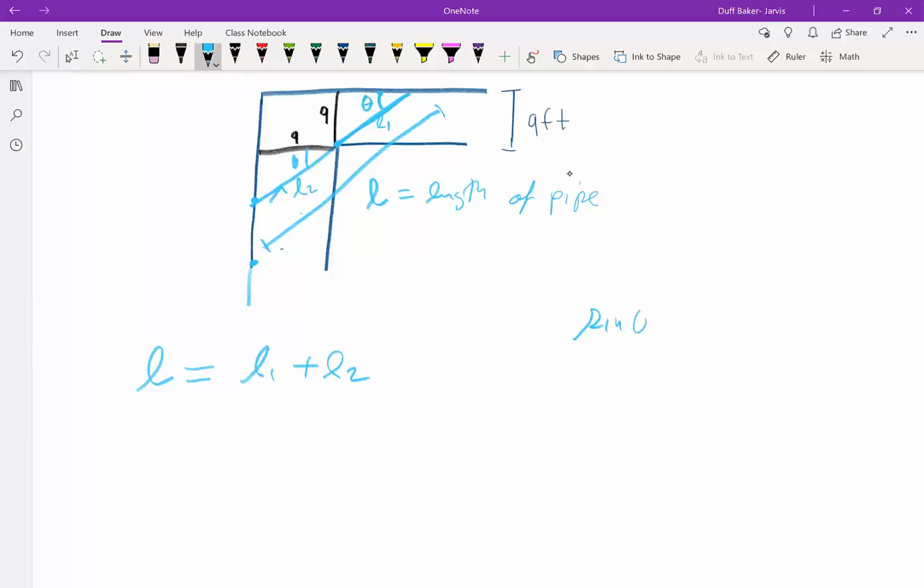So if you think about L1 and you write down the triangle, sine of theta is opposite, which is 9, over hypotenuse, which is L1. And if you do cosine in this other triangle here, that would be adjacent, which is 9 over L2.